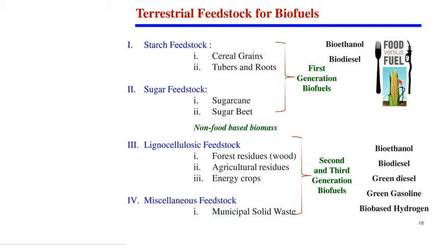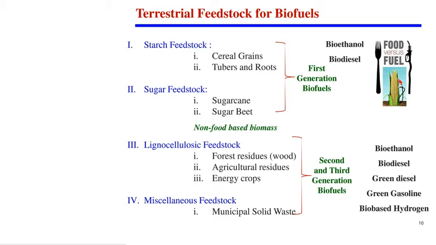So if you get biomass, either land-based or water-based, what are the different processes to make biofuels? Does any of you know the biochemical pathway? Biochemical pathway means using enzymes or organisms to do hydrolysis of sugar and fermentation to make ethanol. That's how beer is made, from sugars.